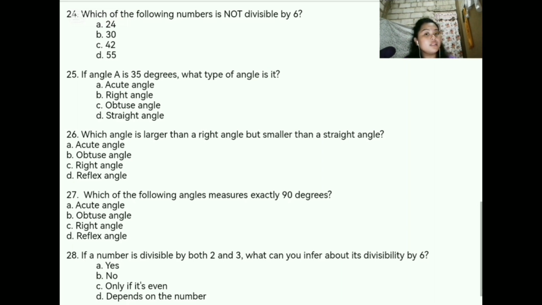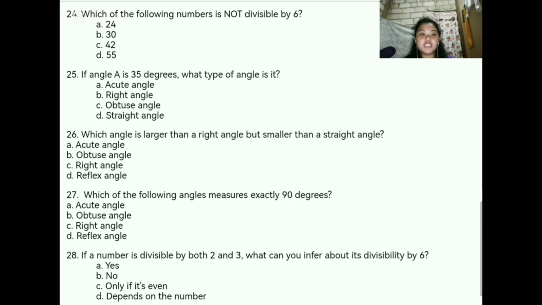B, obtuse angle, measures greater than 90 degrees, between 90 degrees and 180 degrees. So the question is measures exactly 90 degrees. So B is incorrect. How about letter C, right angle? So right angle is correct because a right angle measures exactly 90 degrees.